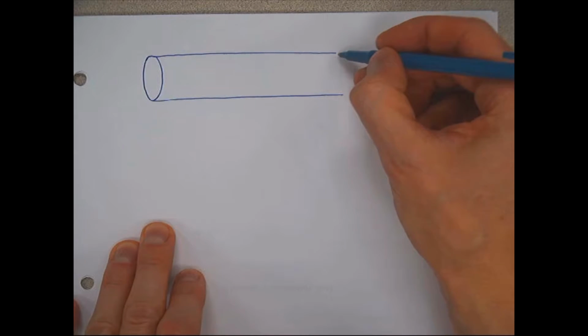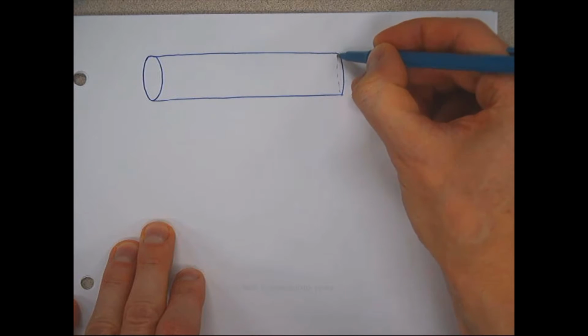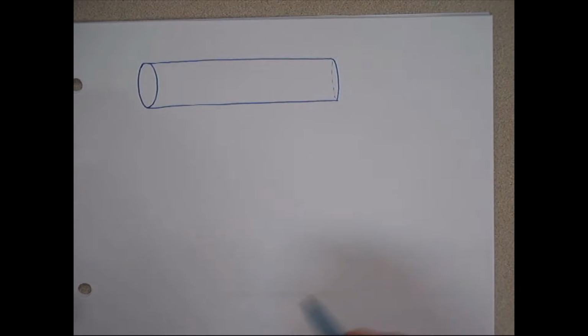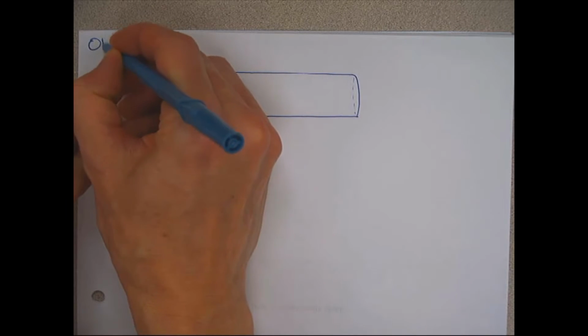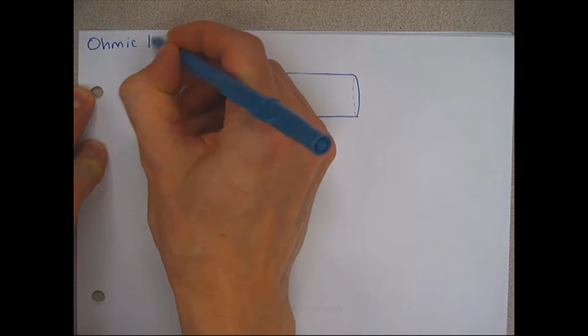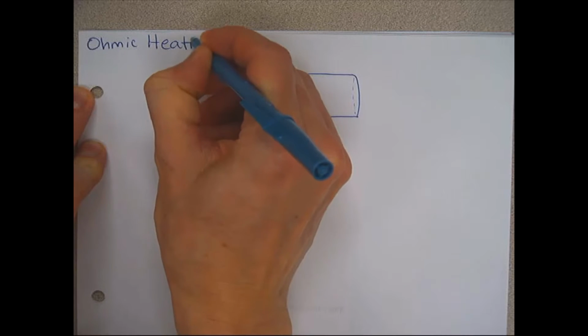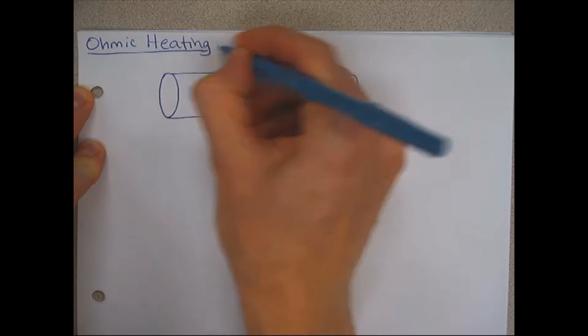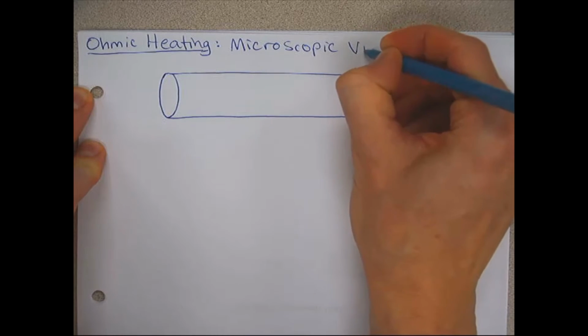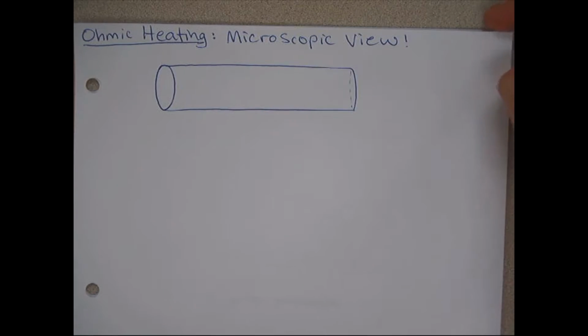So we'll take our standard resistive element here. That can be just a cylindrical cross-section of a wire or a carbon resistor. So let's see where this heating comes from.